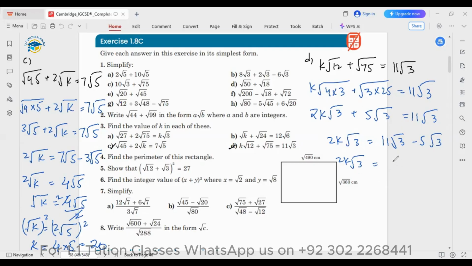So this will be 6 square root 3. And when I'm bringing the other two numbers that we don't want with k, it will be in the form of denominator like this. So 2 3 times is 6, and cancelling these square root 3's as well. So we are only left with k is equal to 3. So this is your part number D.